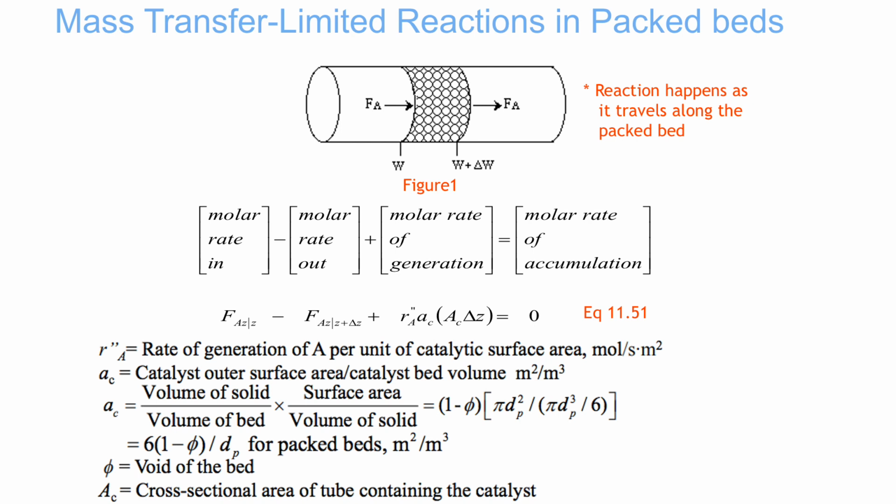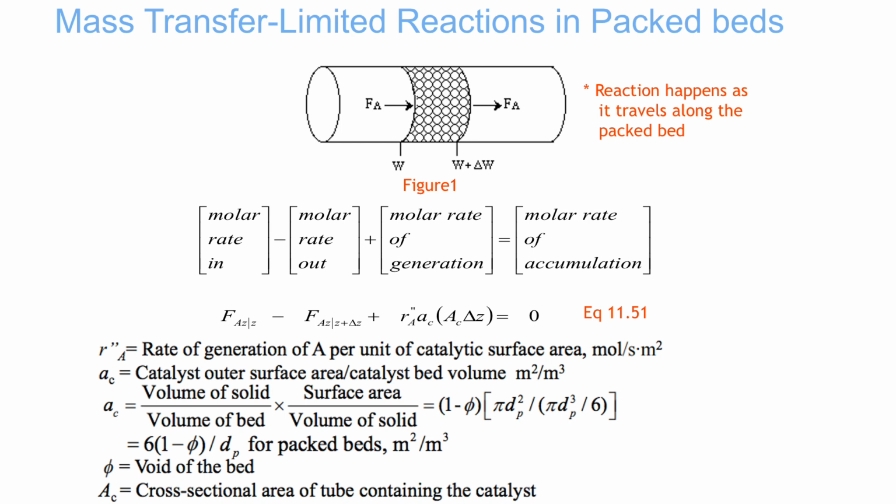So we begin by carrying out a mole balance on reactant A in the reactor segment between Z and Z plus delta Z. So we consider the mole balance from this part to this part, Z to Z plus delta Z. Okay, we use here W, which is the weight of catalyst.